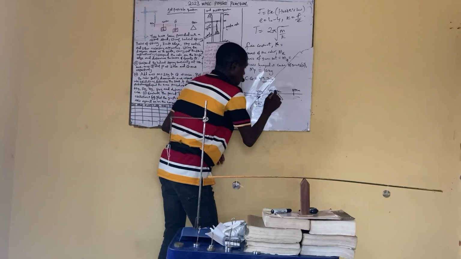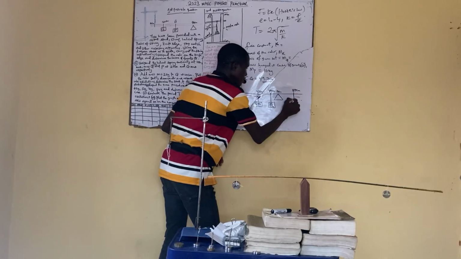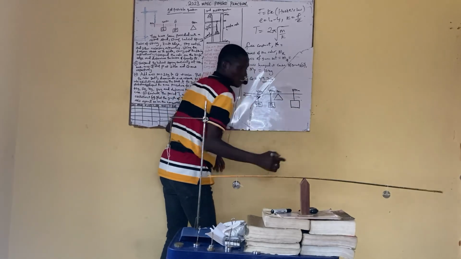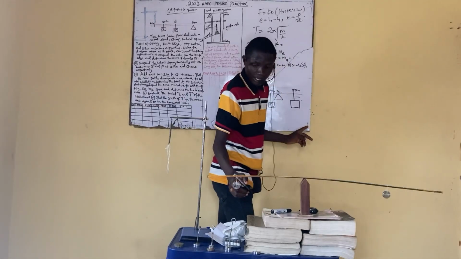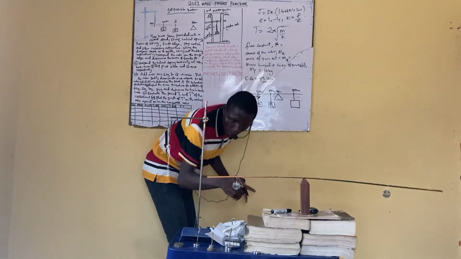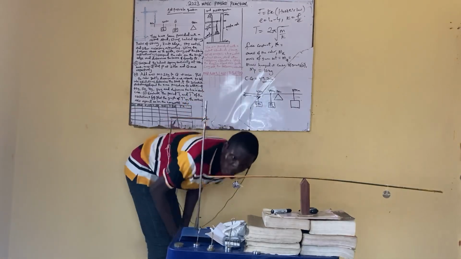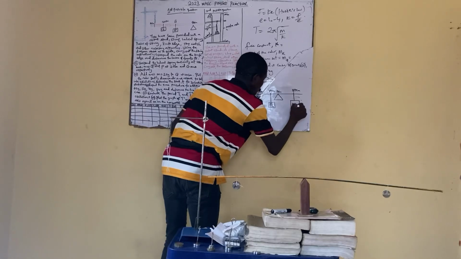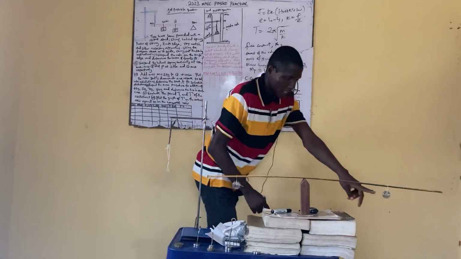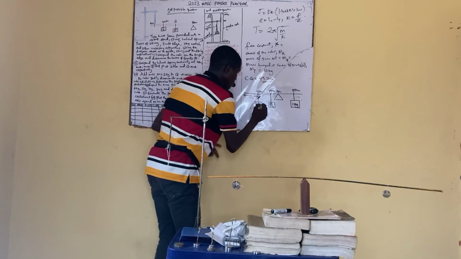So now the mass hanging on itself is 100 grams. It is labeled there, 100 grams. So I have to be sure of that. The mass hanging on this side is 50 grams.